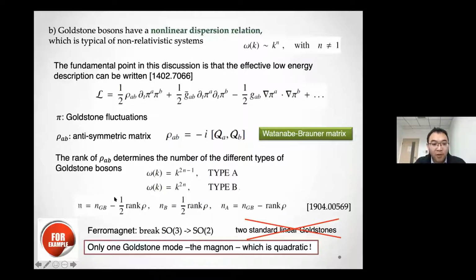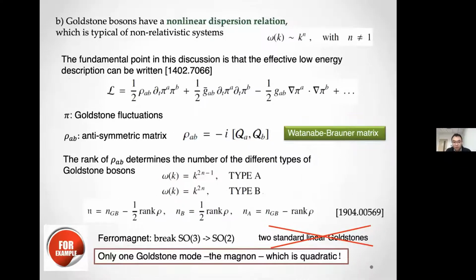So the total number is NGB minus the rank of rho AB divided by 2. A typical example is the ferromagnet, which spontaneously breaks SO(3) to SO(2). Naively, we would have two standard linear Goldstones, but actually there is only one Goldstone mode, the magnon, which is quadratic.